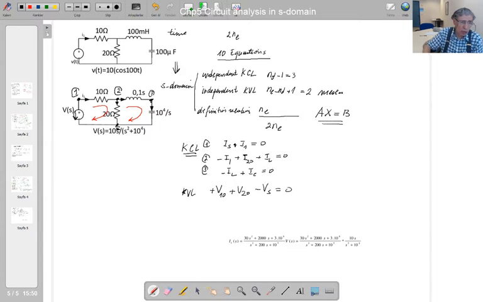Why minus Vs? Because for the independent voltage source, the current is downwards and the mesh direction is upwards, so opposite to each other. That's why we put that minus in front of that Vs. The second mesh, so it's going to be minus V20. Why is that? So this is mesh 1, mesh 2.